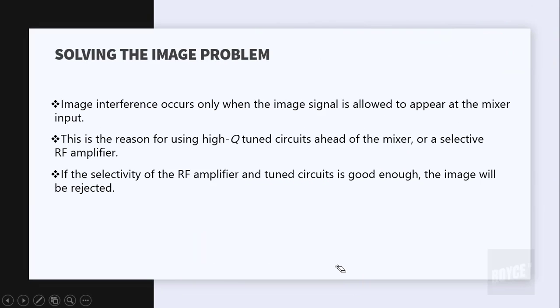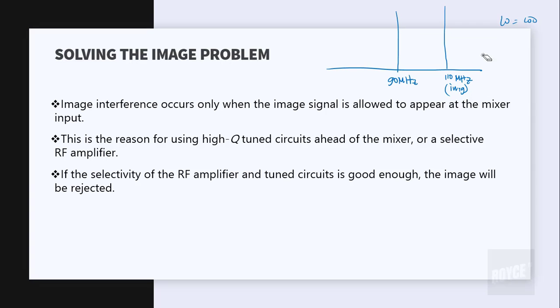Okay? How do we solve the image frequency? Well, we need a good selectivity. So, kanina, our desired is 90 megahertz and yung nag-i-interfere is 110. Tama? So, this is the image frequency. Yung ating local oscillator is 100.